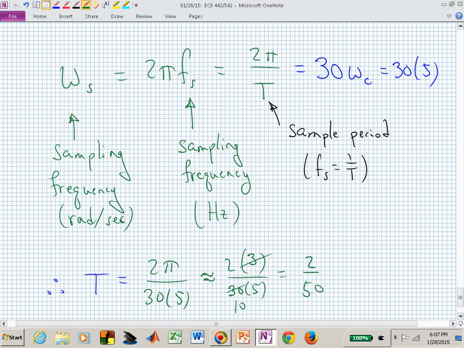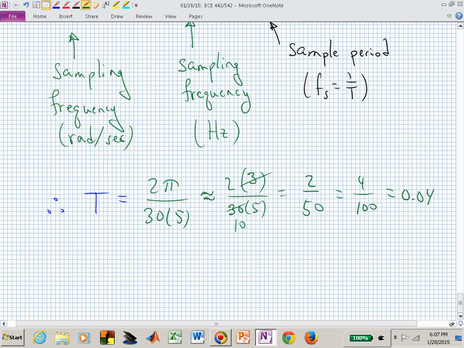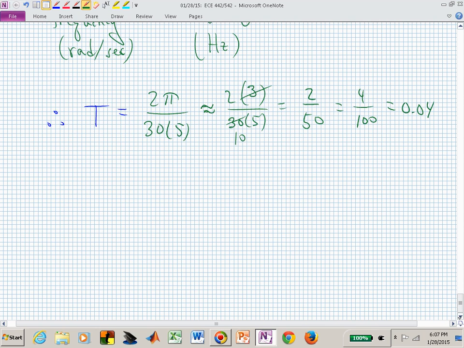T is now 2 over 50, or depending on how you wanted to think of this, we can multiply both sides, top and bottom, by 2, so that we now have 0.04. So that our sample period T is 0.04 seconds, or 40 milliseconds.